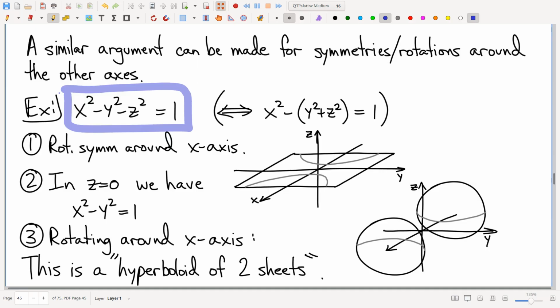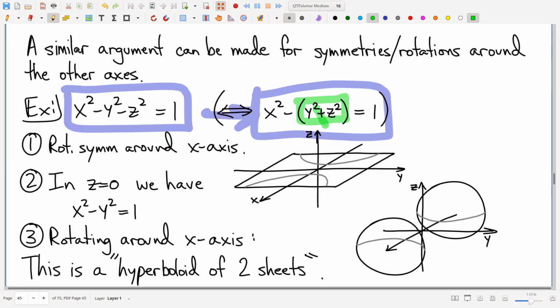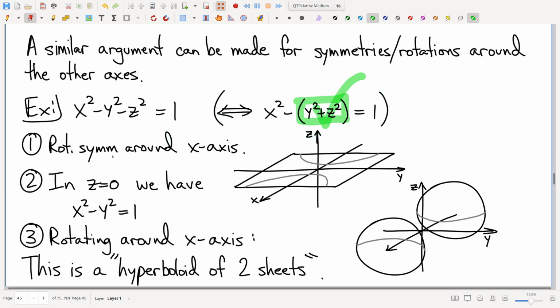This thing is not rotationally symmetric around the z-axis. But if I rewrite it like so, you notice that y and z do appear only in the special form. And so this is rotationally symmetric around the x-axis. And we're going to proceed in a basically analogous way. We've got a different rotational symmetry now.